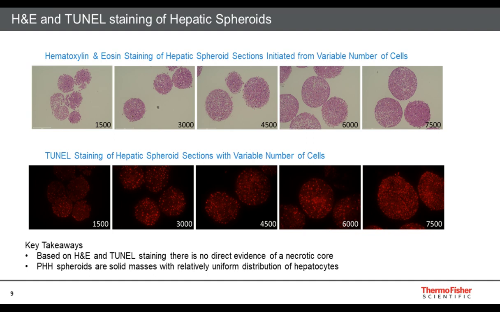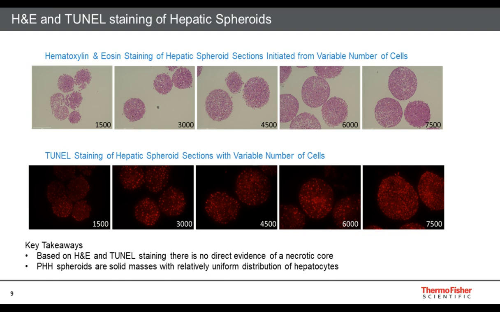The lower row shows TUNEL staining of sections as indicated, and here we're looking for TUNEL as an indicator of a precursor of cell death. What we were really looking for was whether we can identify hypoxic or necrotic zones in these spheroids of any size.